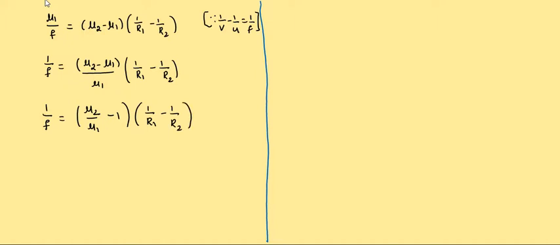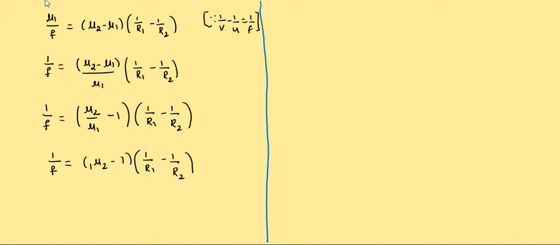Now this nu 2 by nu 1 we write as 1 mu 2, minus 1, into 1 by r1 minus 1 by r2.